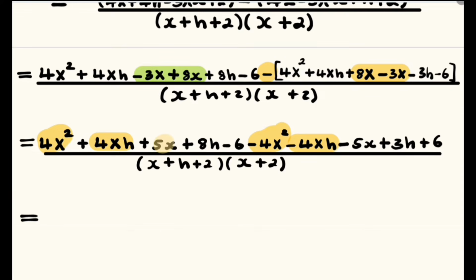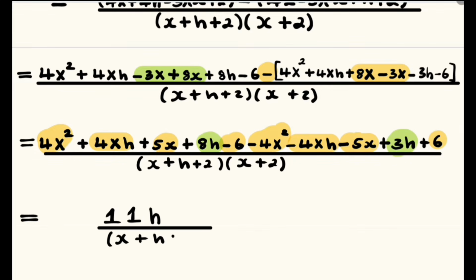The positive 5x will cancel with that negative 5x, and the negative and the positive 6 will cancel out, such that we'll be left with 8h plus that 3h, which will be equals to 11h divided by x plus h plus 2 multiplied by the x plus 2.